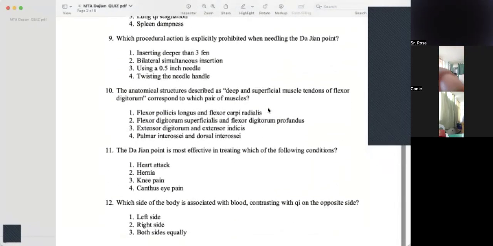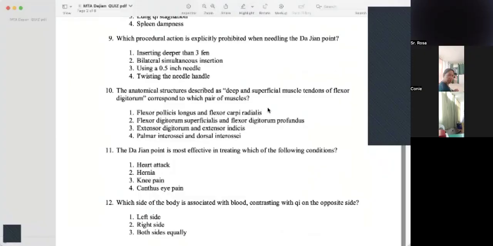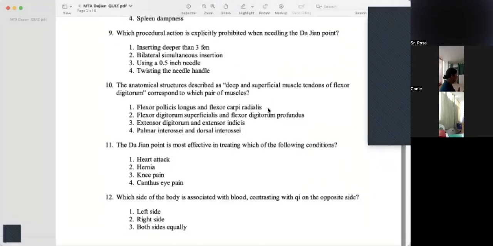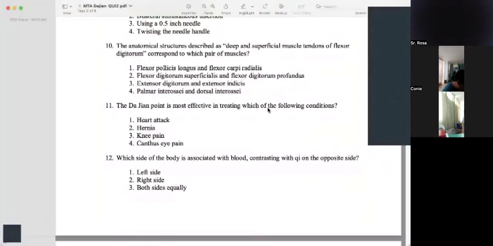Which procedural action is explicitly prohibited when needling the Dajian point? Bilateral. You don't do bilateral. Okay. The anatomical structures described as deep and superficial muscle tendons of flexor digitorum correspond to which pair of muscles?